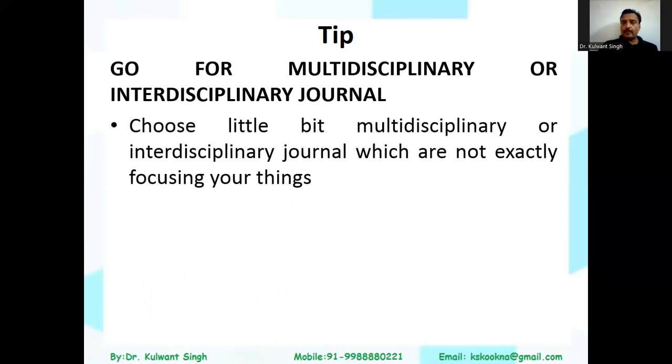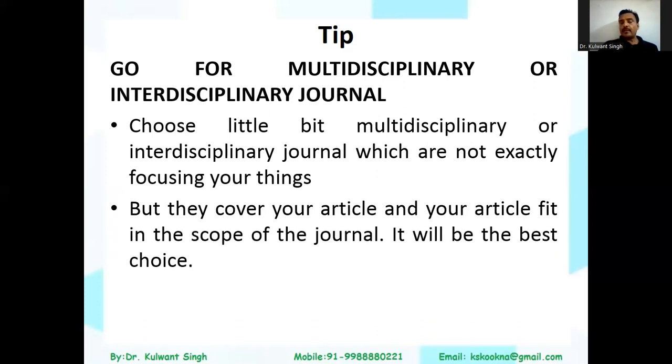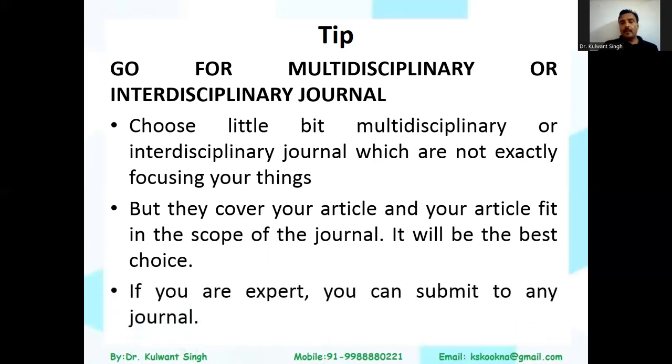Choose an interdisciplinary or multidisciplinary journal, which is not exactly focusing on your topic, but covers your article. Your article fits in the scope of that particular journal. It will be the best choice for beginners. If you are an expert, then you can submit to any of the journals.